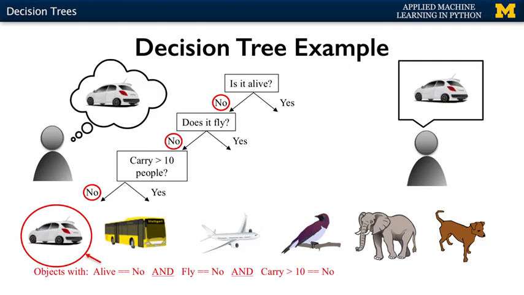When the answer to the first question comes back as no, it's not alive, a second question might be, does it fly? When that answer comes back no, we can continue to narrow down the set of possible answers by asking more and more specific questions, such as, can it carry more than 10 people?